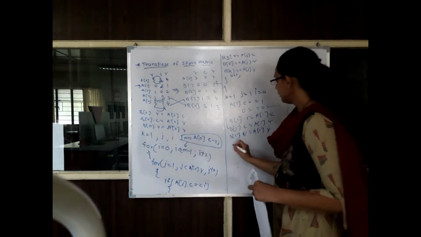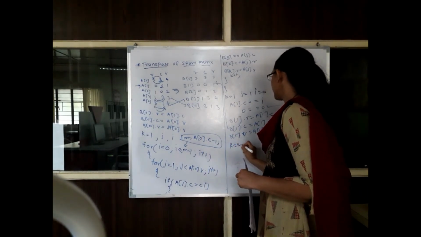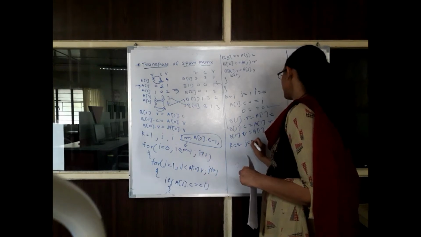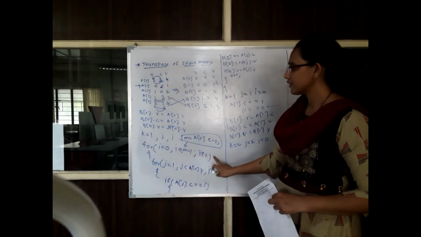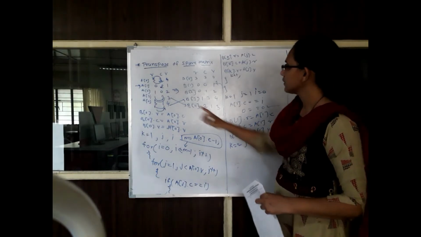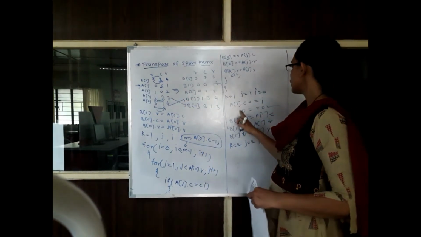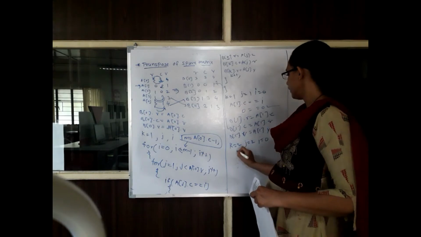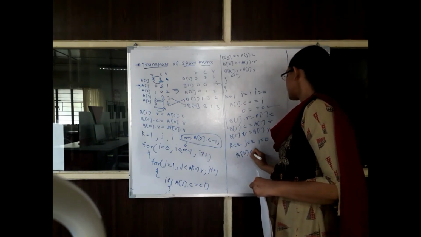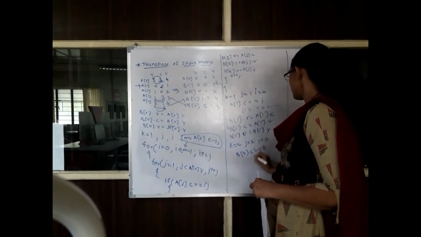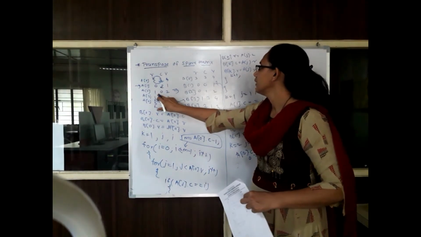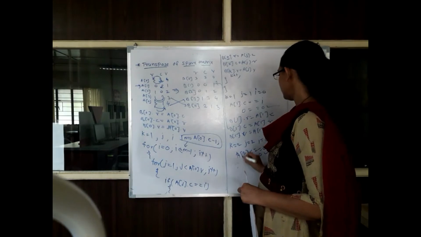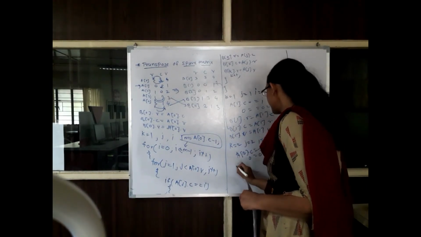Now increment K. So K is equal to 2. Increment J. J is equal to 2 and I is equal to 0, because I is the outer loop. Now for the second row, we are again checking the column value. That is A of 2 dot C is equal to 0. Yes. So take this, interchange, and after interchange, this one will be here.